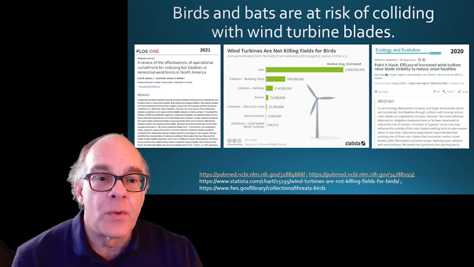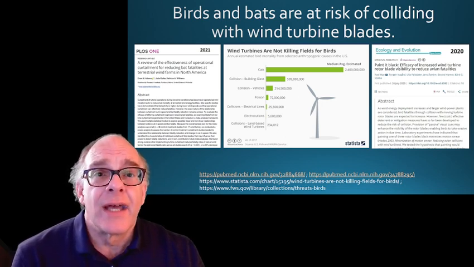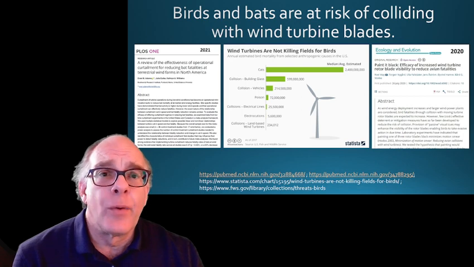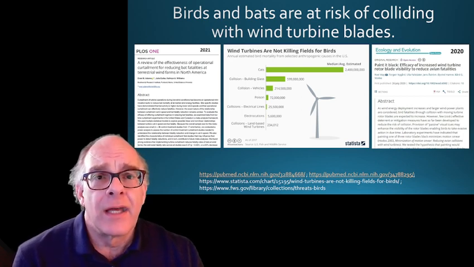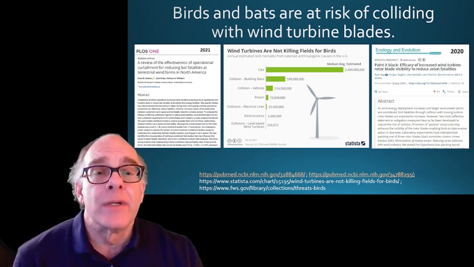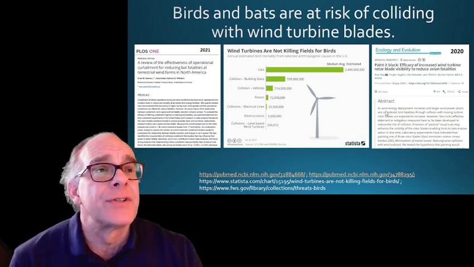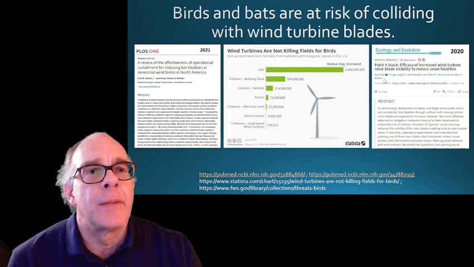By doing so, they were able to decrease pretty significantly the number of bats colliding with the turbine blades. There's this idea that if we do this on a more widespread basis, if you set these turbines so they don't kick in at low winds and possibly limit the spinning of the blades during periods of migration, we can very dramatically decrease the impact that the turbines would have on bat populations.